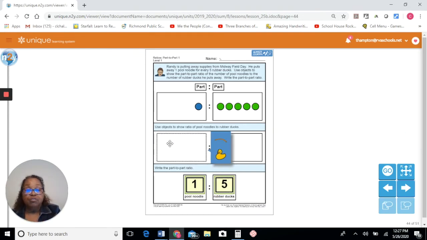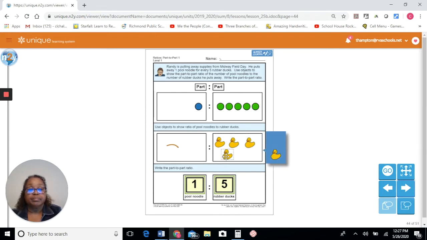So for every one noodle he put away 5 ducks. And that's the comparison. The ratio is written 1 to 5.